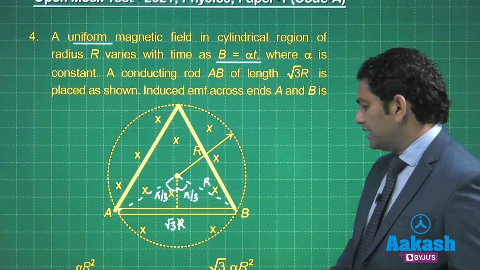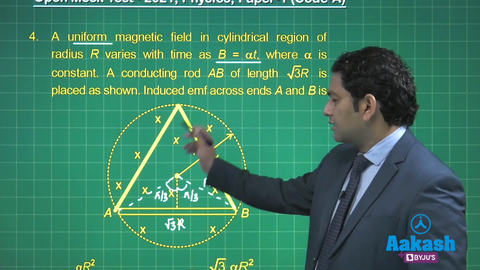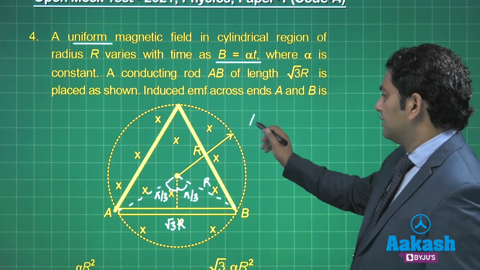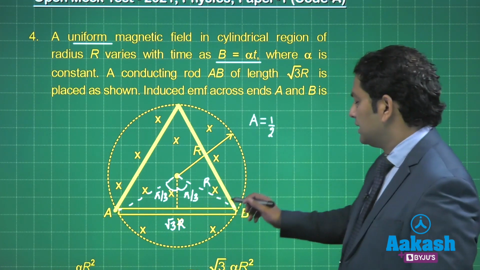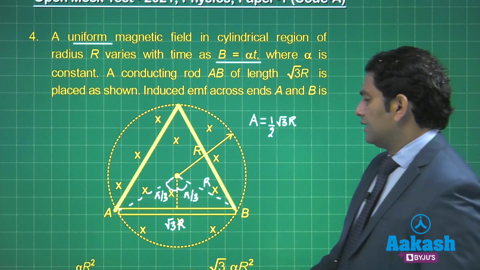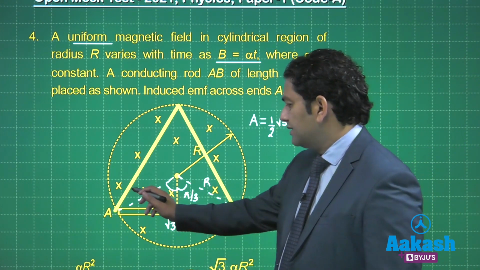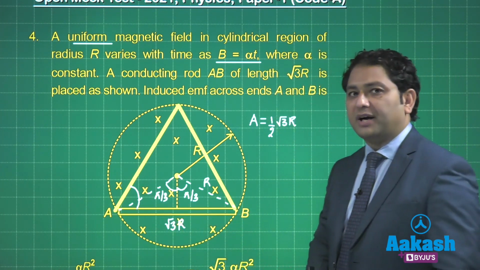So first of all, we need to calculate how much is the area enclosed by this triangle. That would be 1/2 of base, which is root 3r, and height. So this is that height. This angle is of course 60 degree, which is pi by 3.